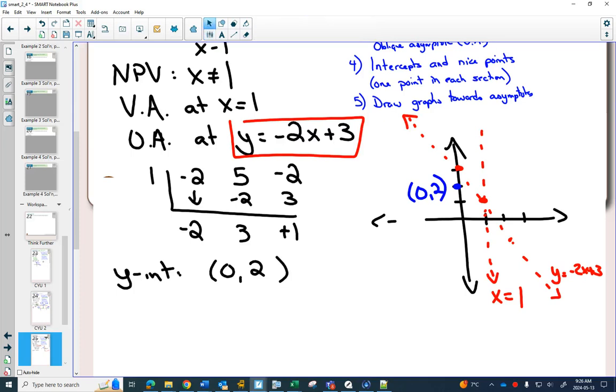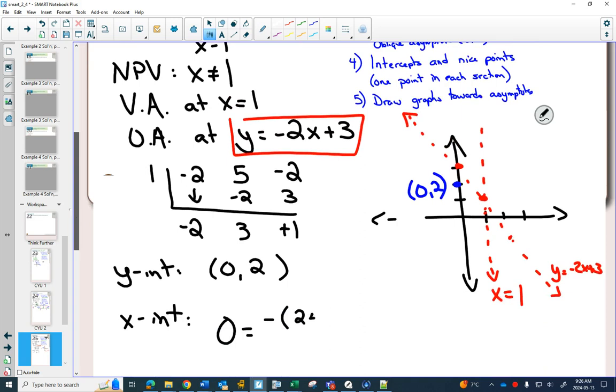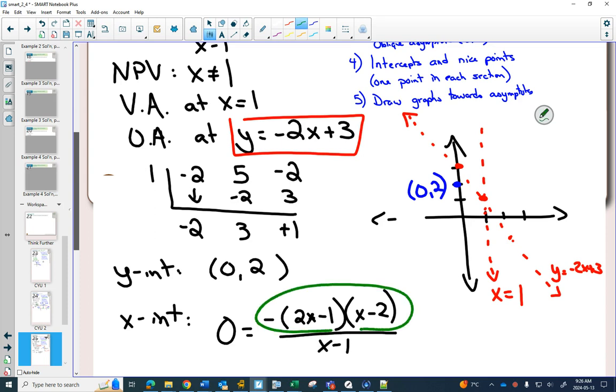Next, my x-intercept. Plug in 0 for y. I would go to my factored form that I had, 2x minus 1 times x minus 2, all over x minus 1. And again, when solving for an x-intercept, you're only looking where is that fraction equal to 0, and a fraction is only equal to 0 when its numerator is equal to 0.